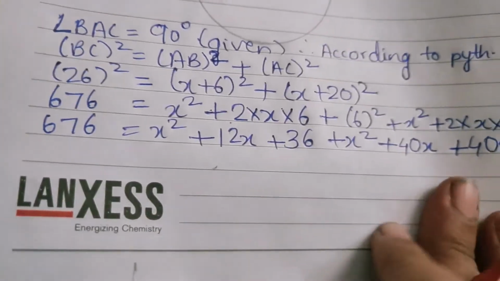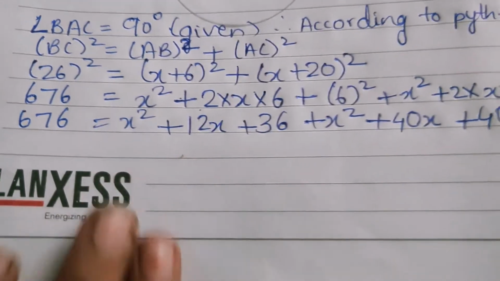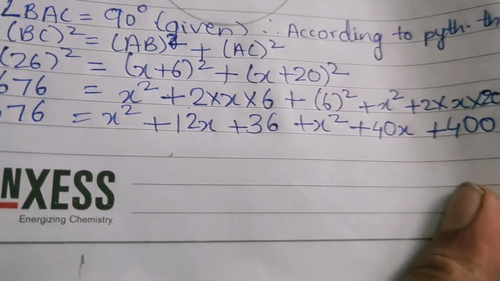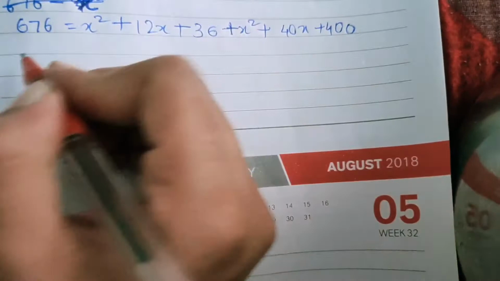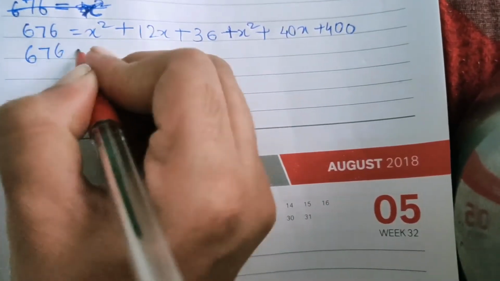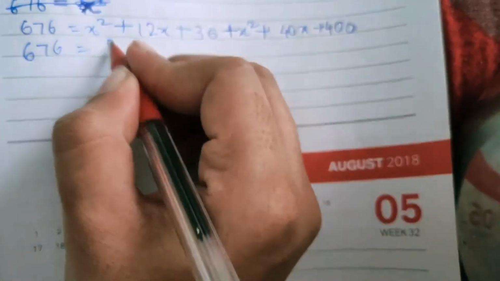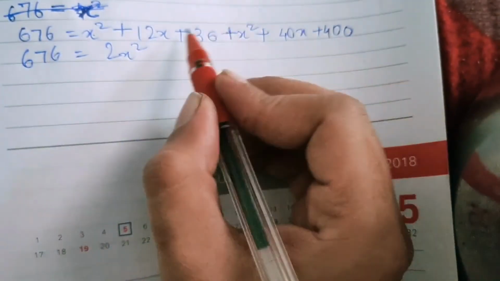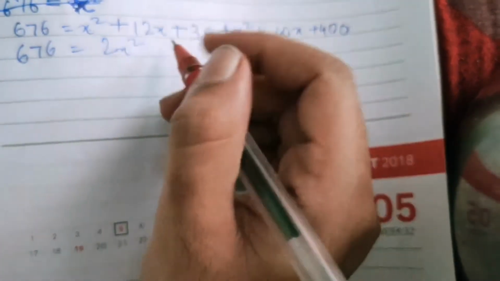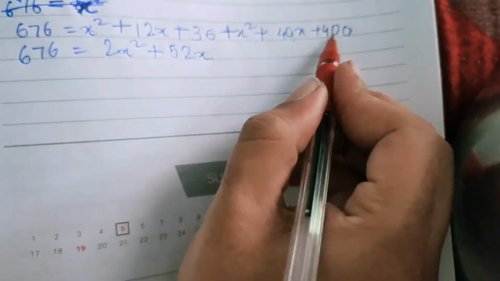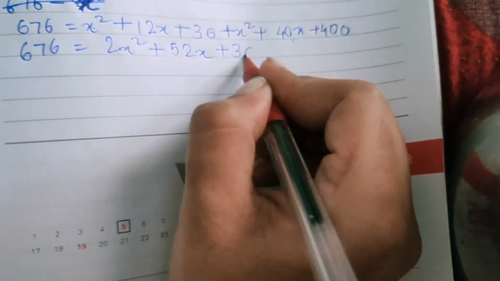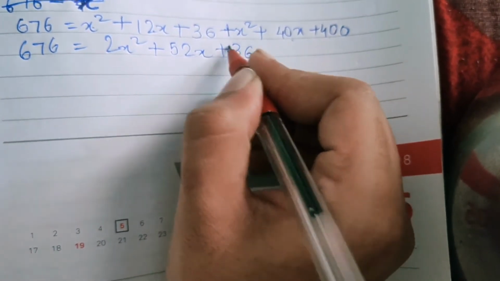Now we will shift all the terms to one side. First we will solve. x square plus x square becomes 2x square. This becomes 52x, and here it becomes 436.